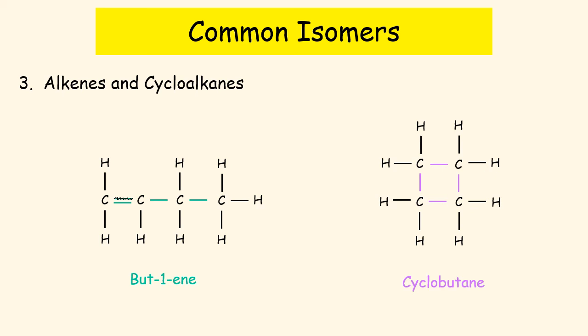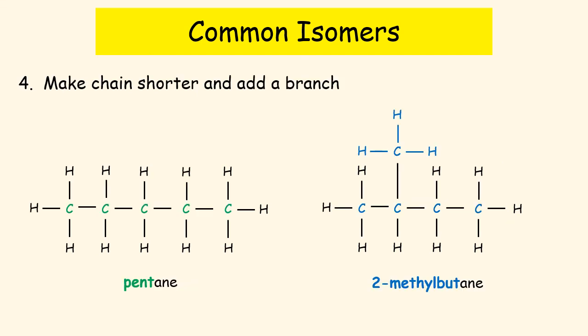The final but slightly more complicated method is if you've got a chain, to make an isomer, you can shorten the chain and add a branch. So for example, here we've got pentane, which has 1, 2, 3, 4, 5 carbons.